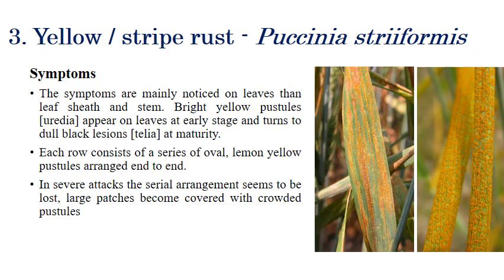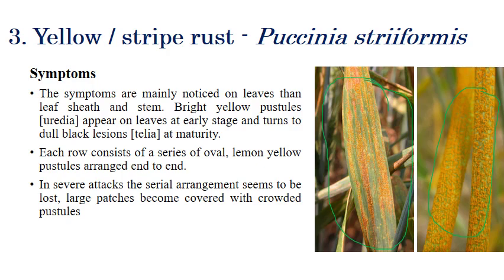Coming to the third one, yellow rust or stripe rust, which is caused by Puccinia striiformis. The symptoms are mainly noticed on the leaf, then the leaf sheath and stem. In the earlier stages, bright yellow colored pustules appear on the leaf.